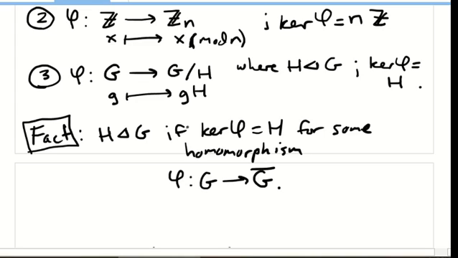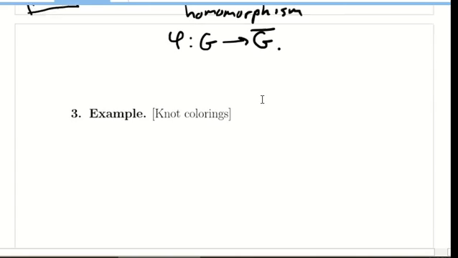And it's an if and only if, right? So if it's the kernel of some homomorphism, then I can find this mapping here, and it's going to be a homomorphism with that being the kernel, right? So this is basically a really important fact we're going to use over and over again.